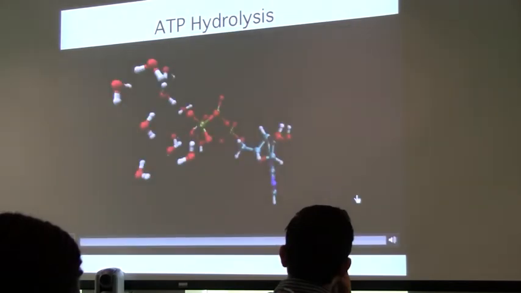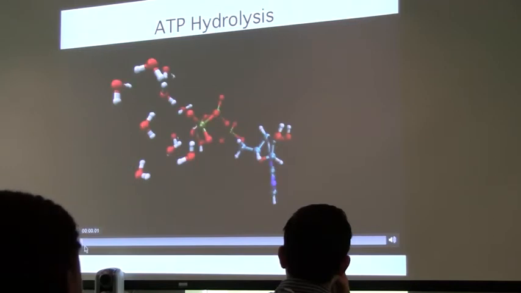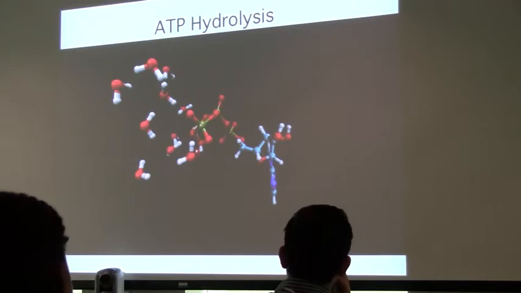This is a different orientation, a slightly different path, so you can see a different pathway. Again, we have the gamma phosphate shown here. It's going to get attacked at some point by this lytic water. We're going to see some proton shuttling as well.